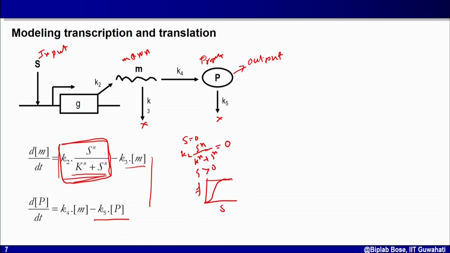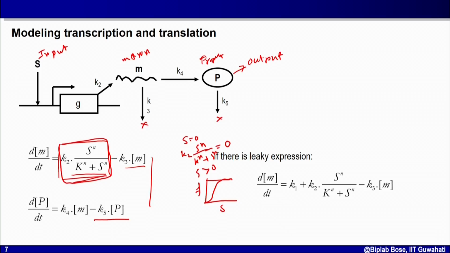The first one only has this hill function and the transcription rate control. Now we have to remember one critical issue here. Let us clean this part a bit so that you can see it clearly.